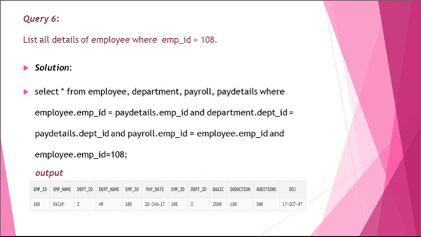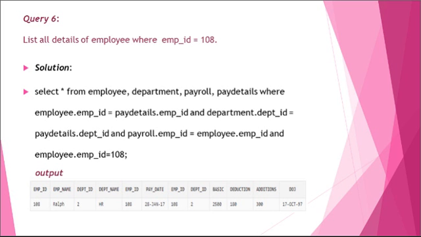So I have written select star. Star means all the columns from all the tables. Select star from, now we have to mention table names. So I have mentioned employee, department, payroll and pay detail, where I have to specify certain common conditions.